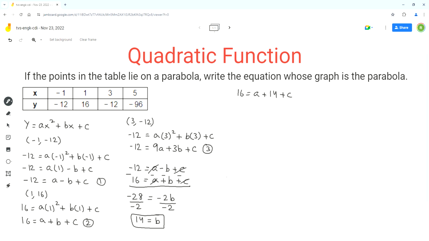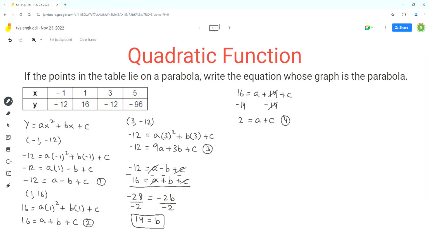We can combine the like terms 16 and 14 by subtracting 14 from both sides. This is our fourth equation, and this equation has just a and c.